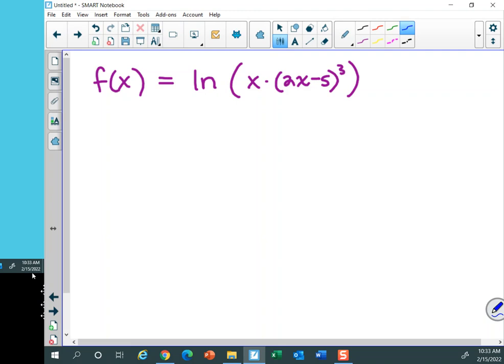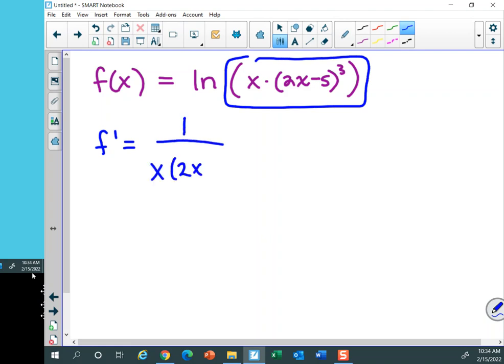So you might be like, well, what's the big deal? Why is this going to be so hard? Well, let's think about it. I have the natural log of this big chunk of stuff. So my derivative is 1 over that big chunk of stuff. That part's not hard. Times, and I'm just going to write this in words, the derivative of that chunk of stuff.